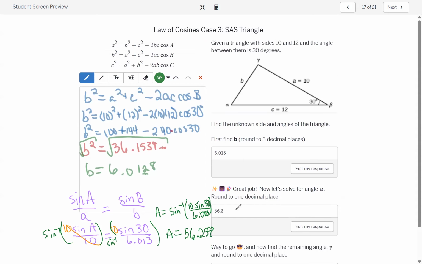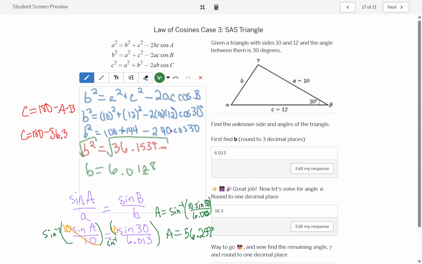And then they want to know the third angle. We know two of the angles, so the third angle is just subtract from 180. So angle C is going to be 180 minus A and minus B. So we'll use the 56.3.